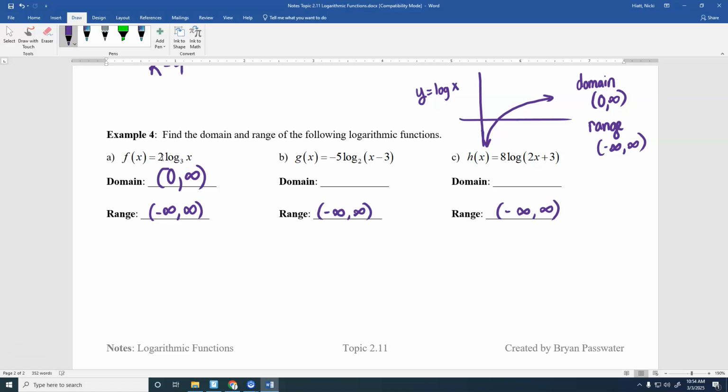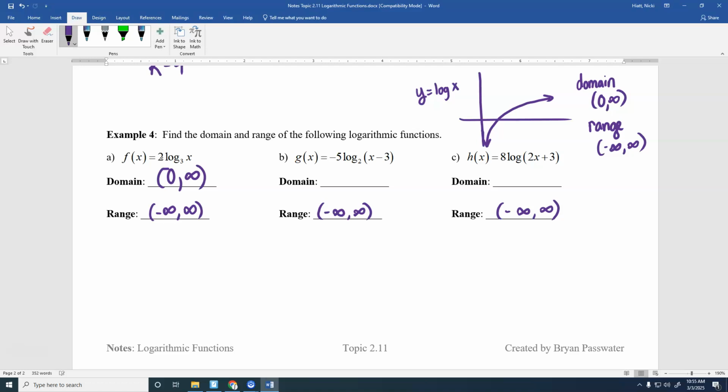Now, B has a negative 5 and an x minus 3 on the inside. Okay, what does that negative 5 do? It's going to reflect it. It'll also stretch it, right? Is flipping it upside down going to change the x values? It does not. It will change end behavior. If they were asking us about that, then we would care, right? But we don't really care about that.